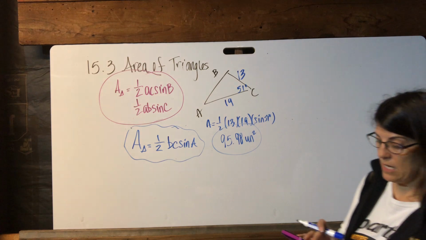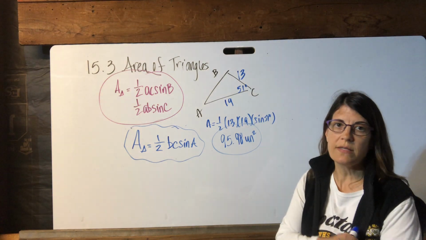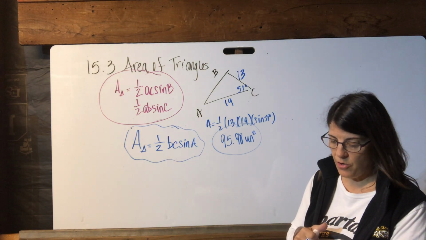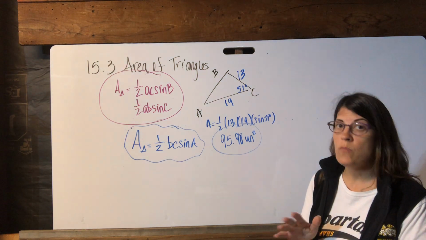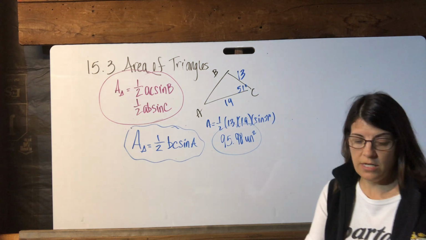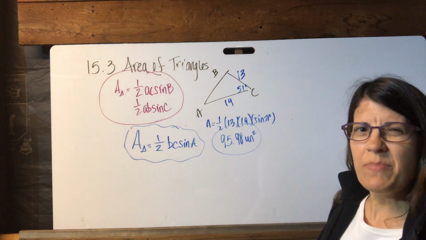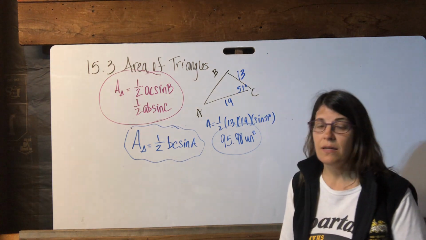So this is section 15.3, learning some alternate ways to find area of triangles. The last way, which is by far the most useful, is called Heron's formula, and some people call it Hero's formula. There's an N in it.